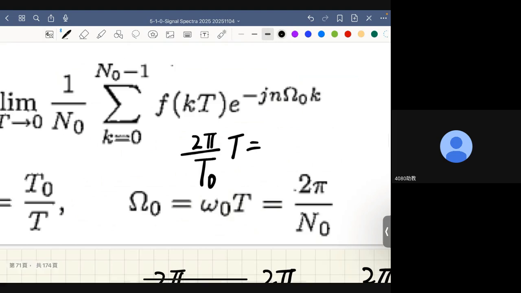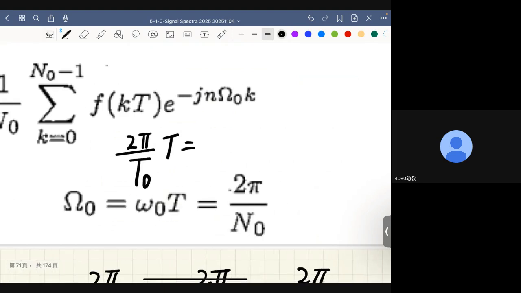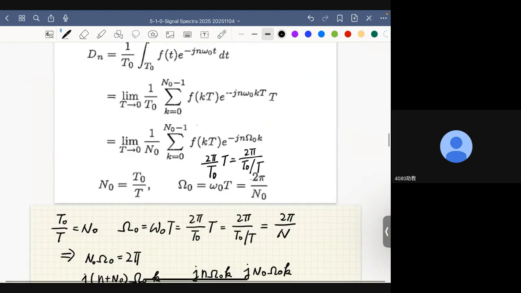And then I can rewrite this expression as 2 pi divided by T0 over T. The reason I'm doing this is I want to introduce N0 into this representation, by noting that N0 is actually the ratio of T0 to T, okay?